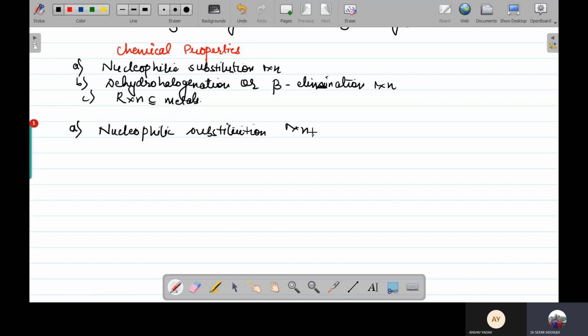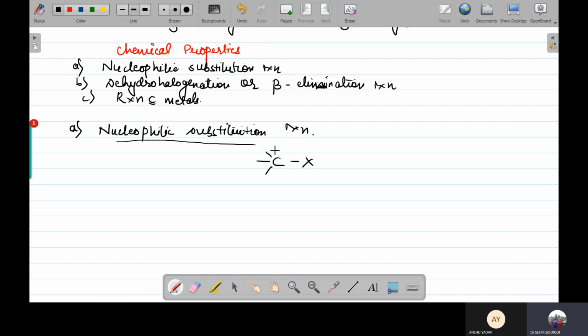When an atom or group of atoms is replaced by a nucleophile, the reaction is called a nucleophilic substitution reaction. In haloalkanes, the halogen atom is attached to the carbon atom. As the halogen atom is more electronegative than carbon, the bond between the carbon and halogen is polar in character, like I am showing over here.